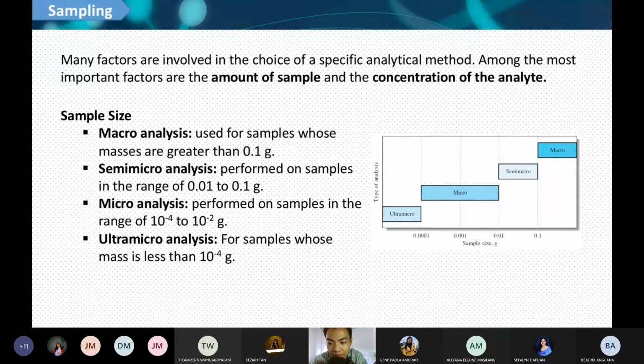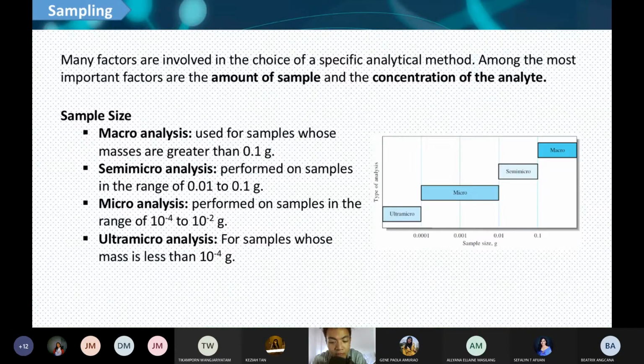When we say analytes, that's the substance of interest, the substance that you are analyzing. If you go further down, if your sample size ranges from 10 raised to negative 4, that is 0.0001 to 0.01 grams, then you can do micro analysis.